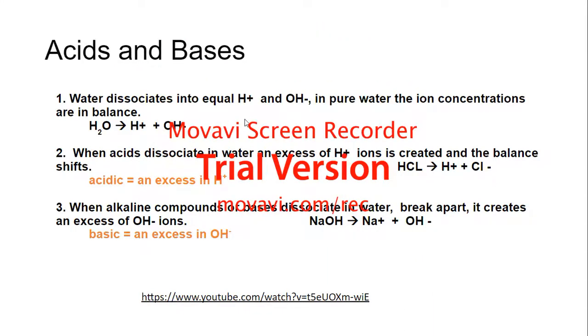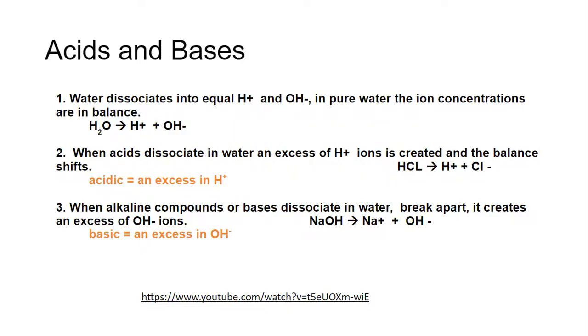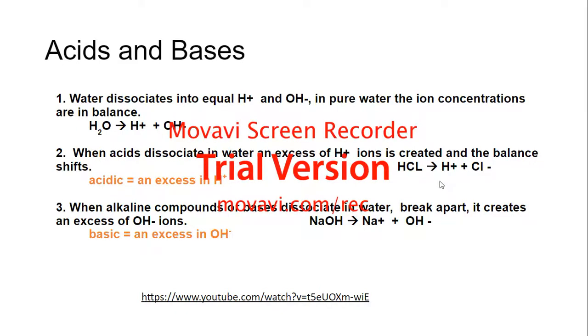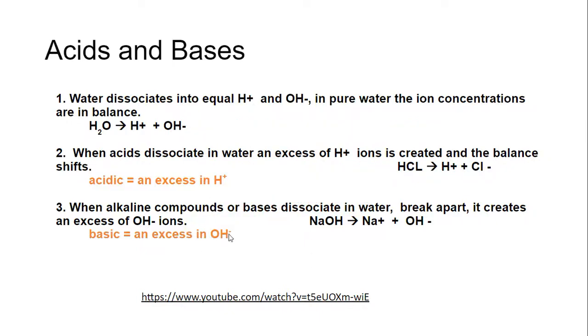You also understand that, especially with your blood and your cells, when water dissociates you can form H plus and OH minus. When an acid dissolves, there's going to be an excess of H plus. When you dissolve a base, you're going to have an excess of OH minus.